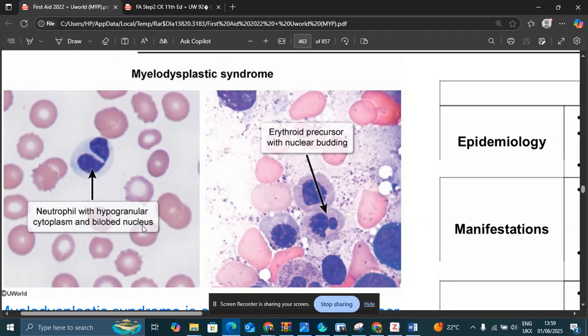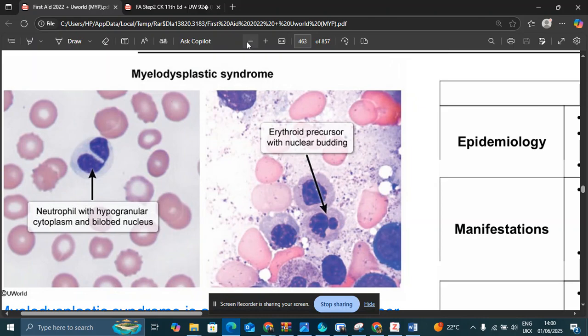And the other finding you see in the peripheral smear is dysplastic erythrocytes. Look at the RBC that is an erythroid precursor with nuclear budding. So you'll see a kind of oval macrocytosis in myelodysplastic syndrome.